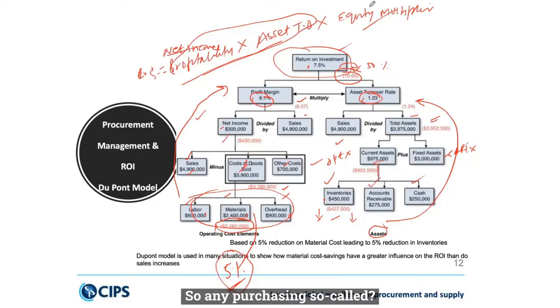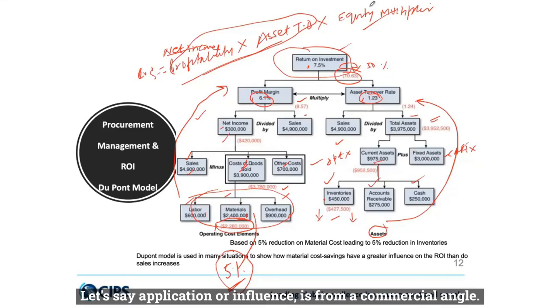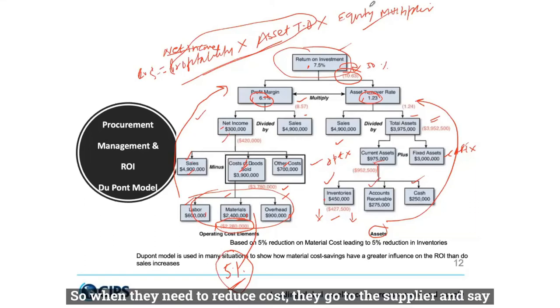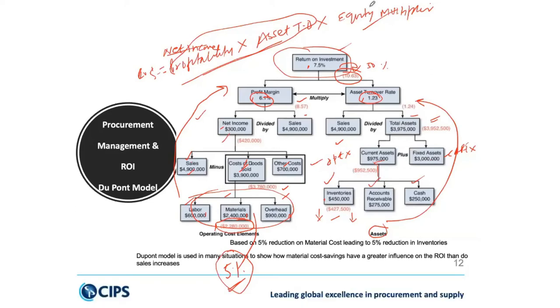So any purchasing application or influence is from a commercial angle. So when they need to reduce cost, they go to the supplier and say, supplier, reduce cost.